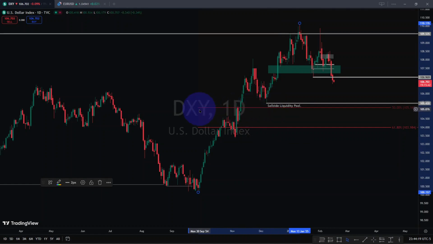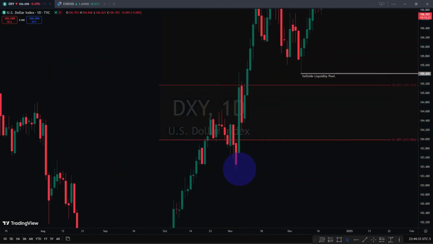So this is equilibrium here, and this is the nearest sell side to equilibrium. So sell side here into what, this daily order block. This is the objective.